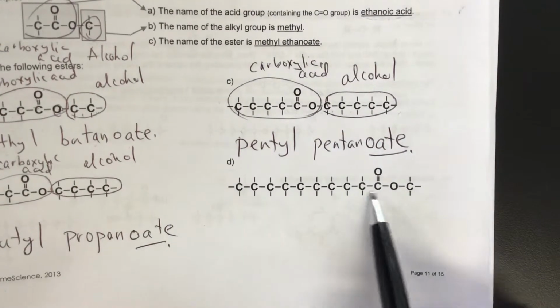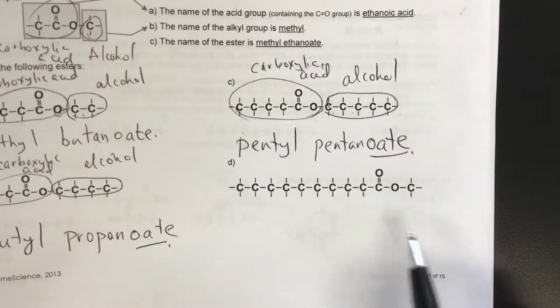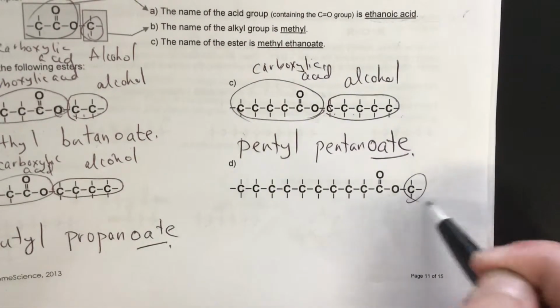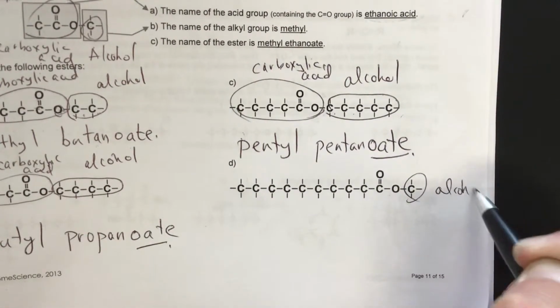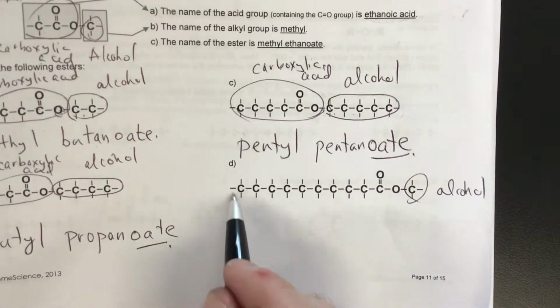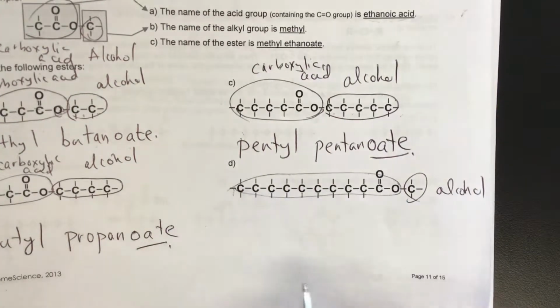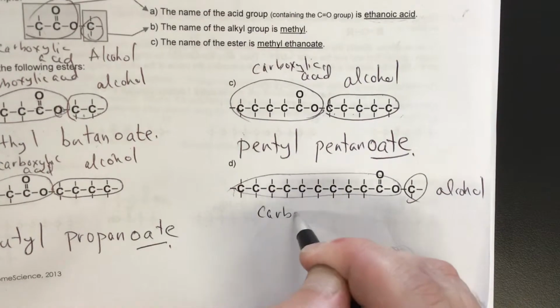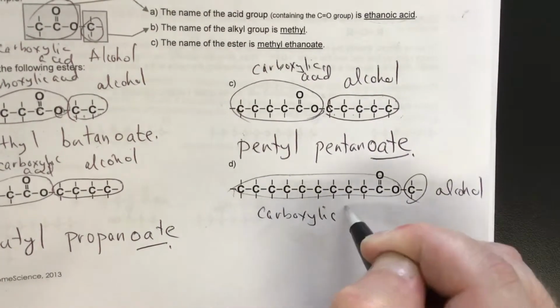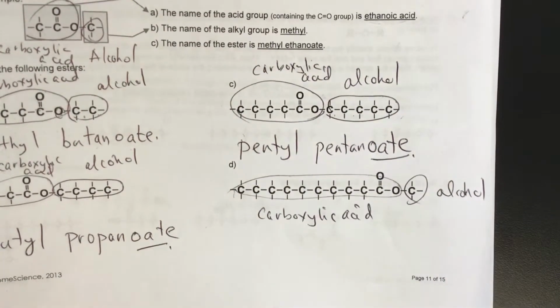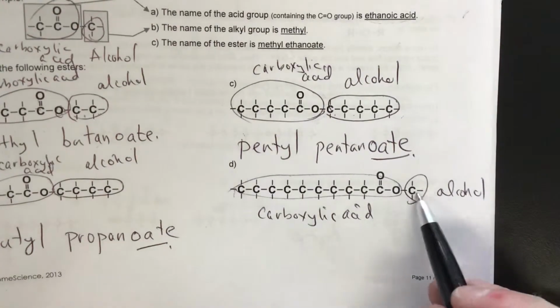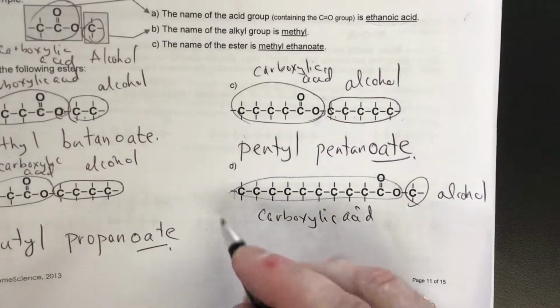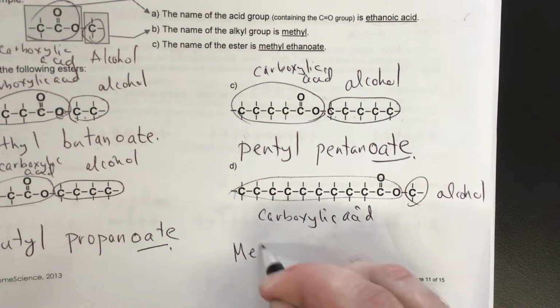Okay, again, first thing, recognize that this is an ester. Okay, then find your alcohol. Okay, find your carboxylic acid. It's a big carboxylic acid. Okay, so your alcohol group goes first. Oh, there's only one, so that's easy. So that becomes methyl.